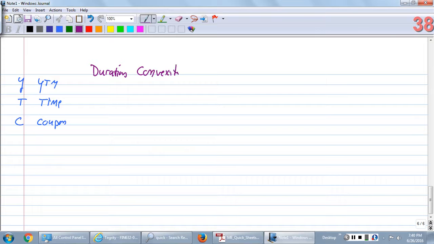And you need to know whether these 3 variables are inversely related or directly related. When I say inverse, that means opposite, right? For instance, I'll give you an example. Yield to maturity, inverse.